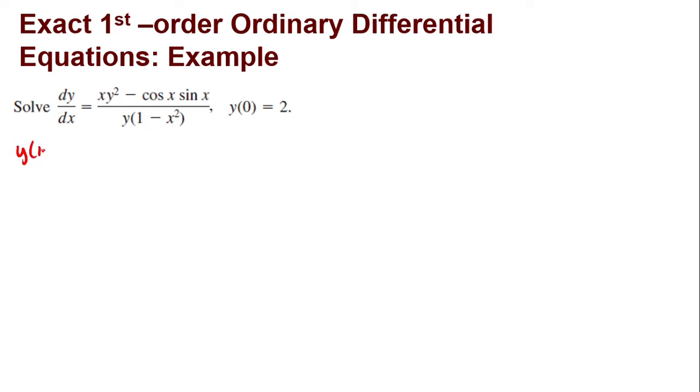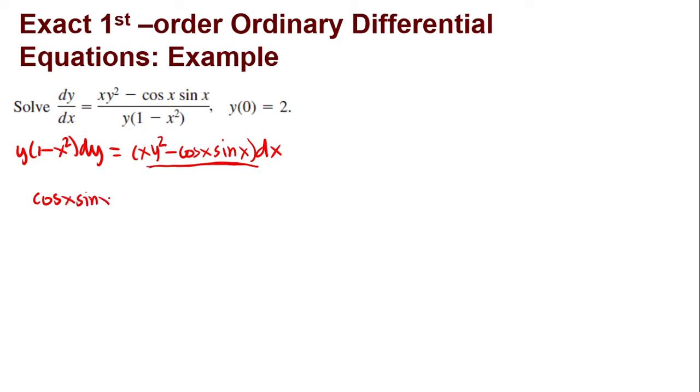So we have y times (1 minus x squared) dy equals (xy squared minus cosine x sine x) dx. We transfer this to the left-hand side. We get (cosine x sine x minus xy squared) dx plus y times the quantity (1 minus x squared) dy equals 0.